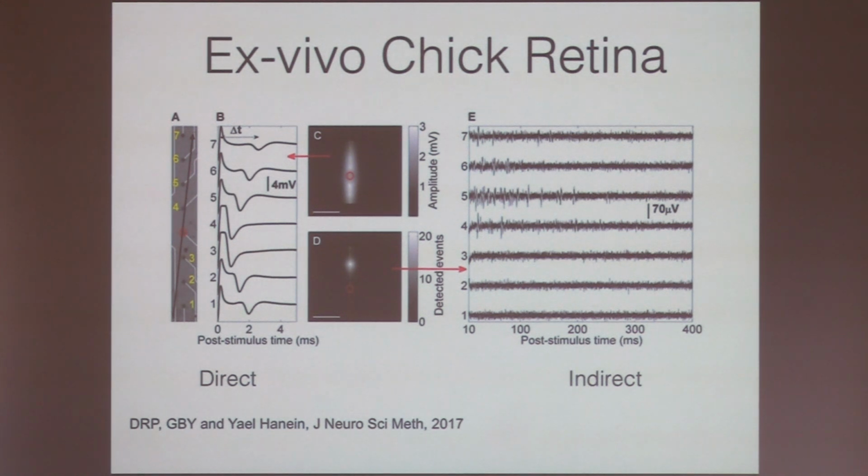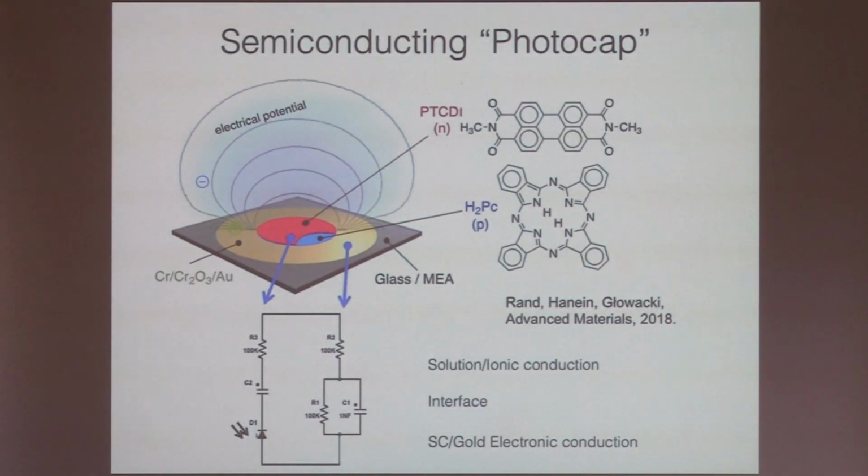We call this the direct response, the response that takes place directly after we do the stimulation, so the cells are firing in a pretty coherent manner. And this is the response that also involves synaptic activity. But for those of you who are not familiar, this is probably too much.